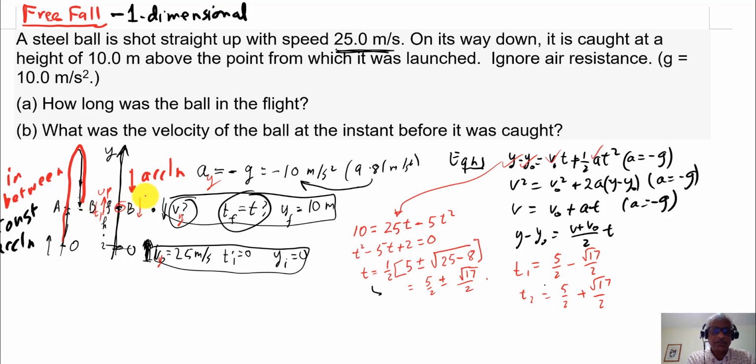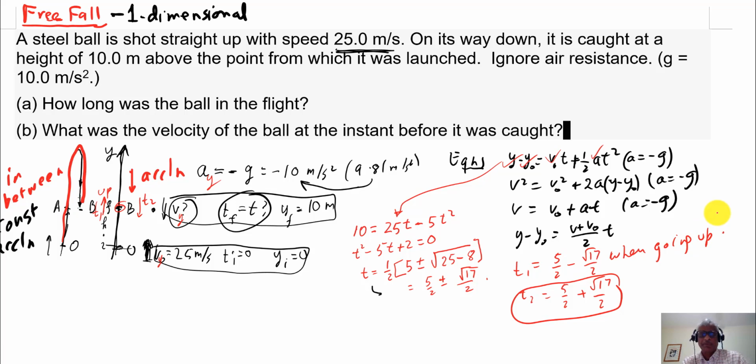When it's coming down, that's t2 at the same height. So t2 is the answer we want, since we want coming down. The going-up time is t1; a question may have asked that, then that would have been the answer. So that's the answer for A.